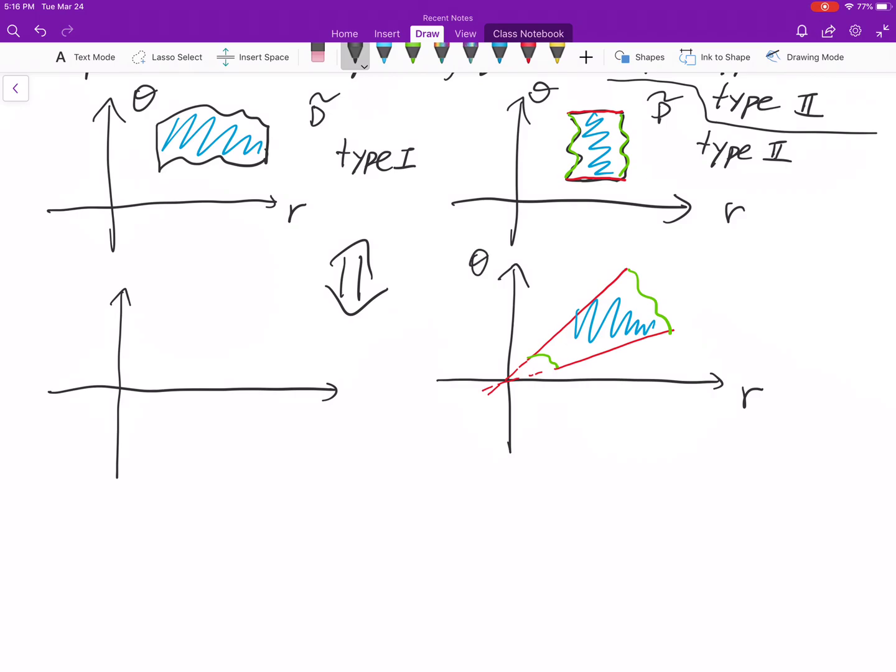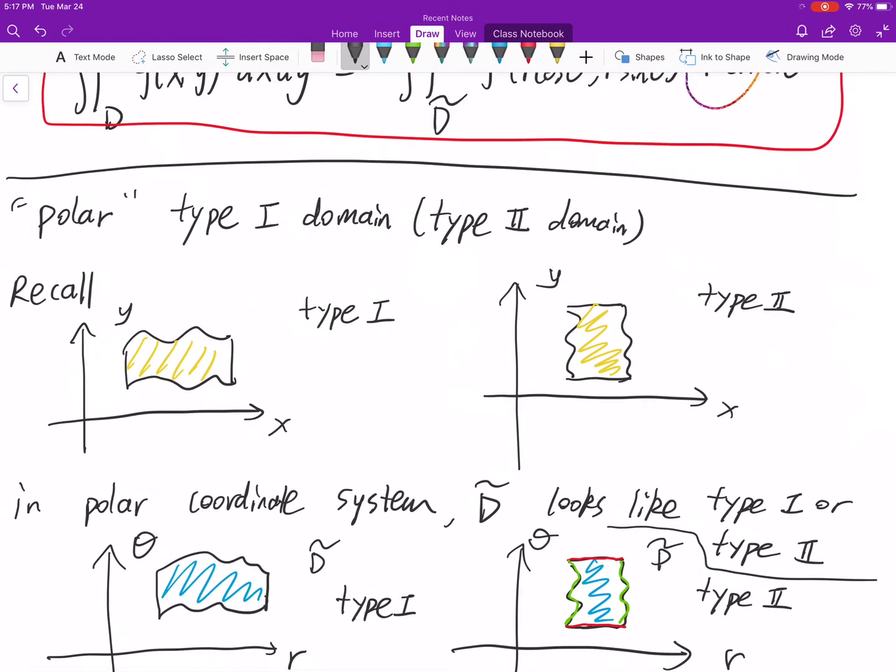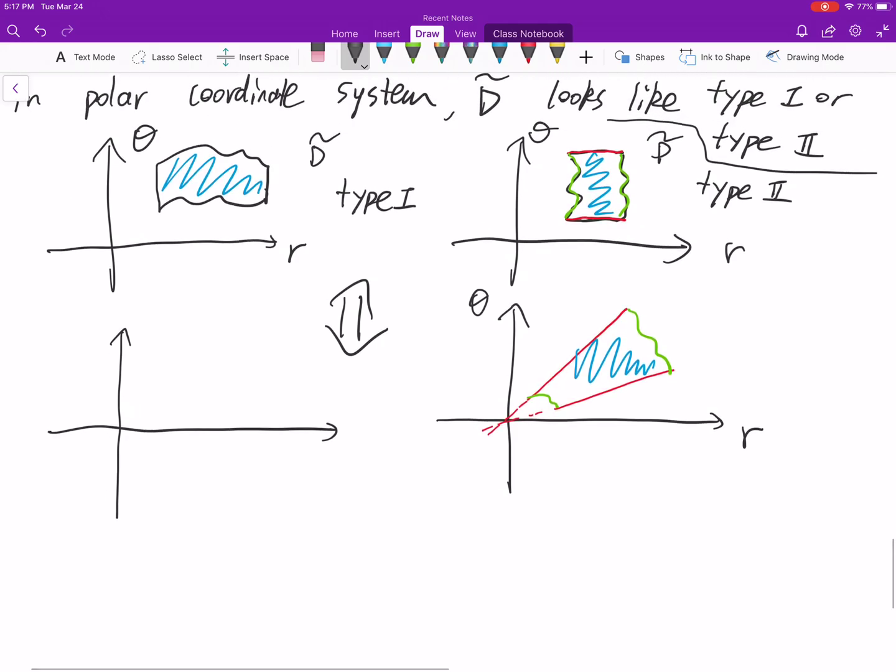And mainly we will use the type 2. Okay, so here actually it should be type 2 corresponding to type 1. Those terminologies are not standard. It's not a standard terminology, but in this class we will use this for simplicity.